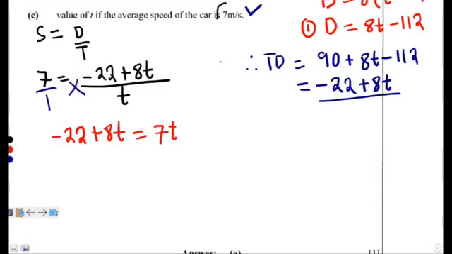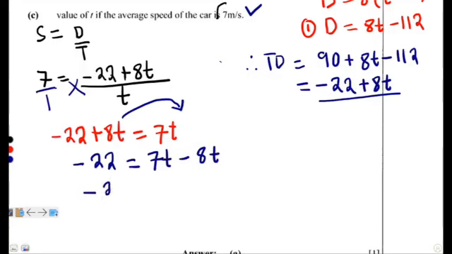Then from here, we can group the like terms, where this 8t will go to the other side. So this side will remain with negative 22 is equal to 7t minus 8t, which gives us negative t.